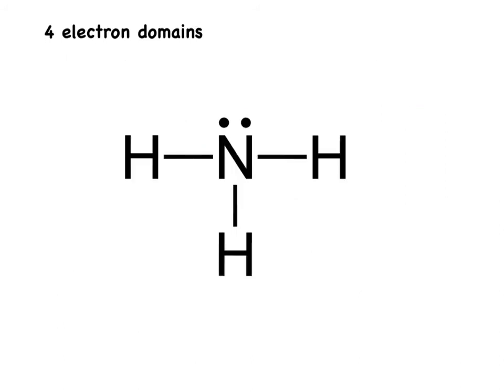An ammonia molecule also has 4 electron domains: 1, 2, 3 that are bonded, and 1 lone pair on the central nitrogen. But since we have 4 electron domains, ammonia's electron domain geometry is tetrahedral.